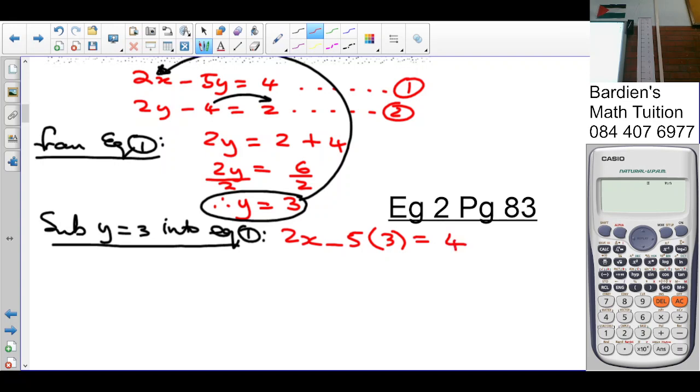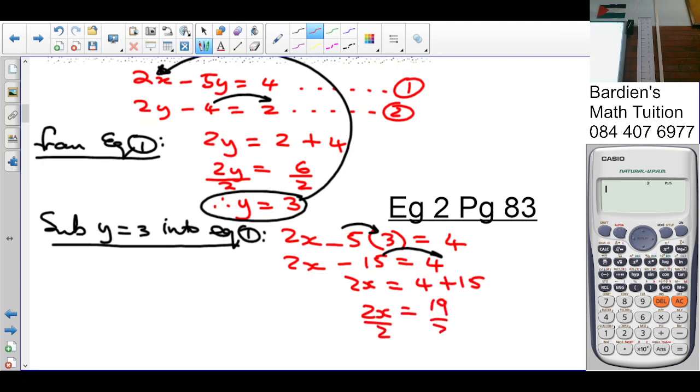So what do I do now? Get rid of that back bit, not so? So it's 2x minus 15 equals 4. Now what? Negative 15 over becomes 2x is equal to 4 plus 15. What's 4 plus 15? 19. Divided by 2. x equal to?